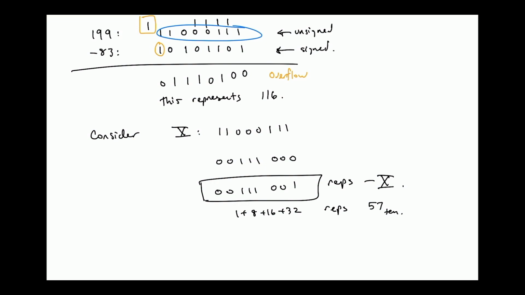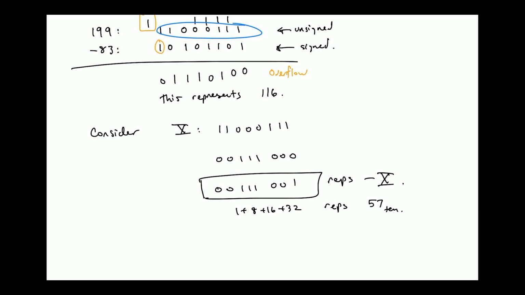I can do addition correctly, hopefully. No? Okay. All right. So accordingly, what does that mean about the original number that we started with? If we negated it and we got 57, then this thing should represent negative 57.